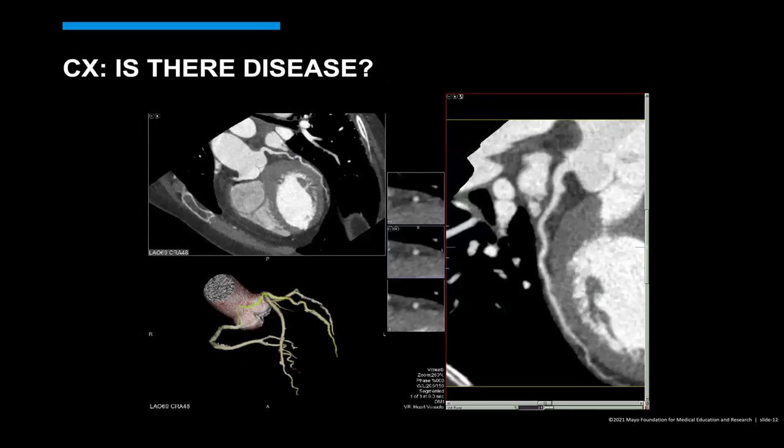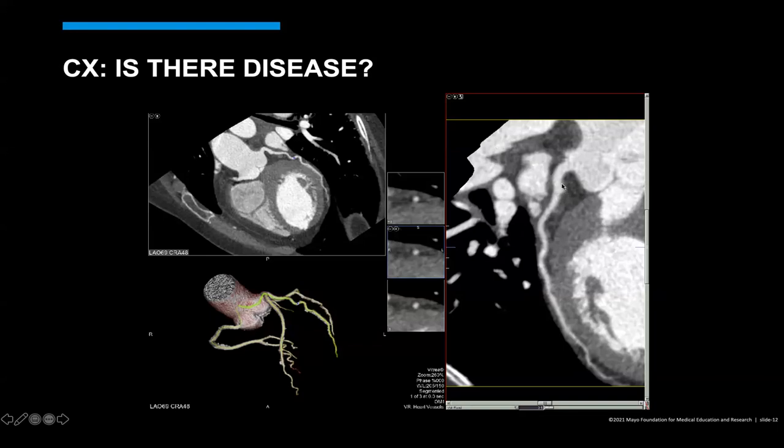Okay. And what about the circumflex? Is there any disease in the circumflex artery? I don't see any calcium, but there's a little outpouching in the proximal. Is that an overcall? Yeah, so you see this little bump here.